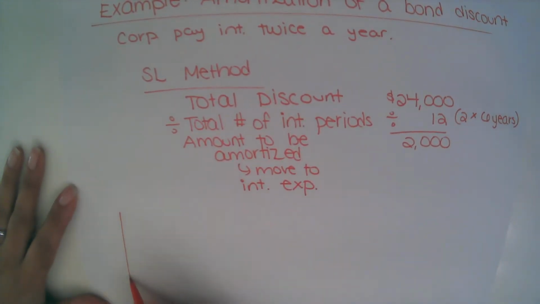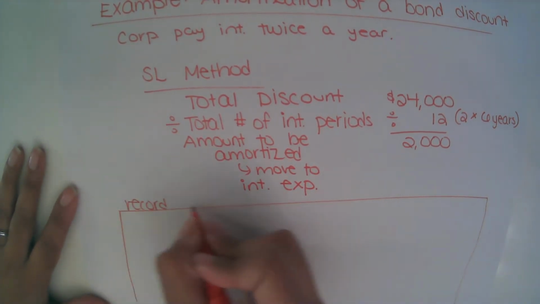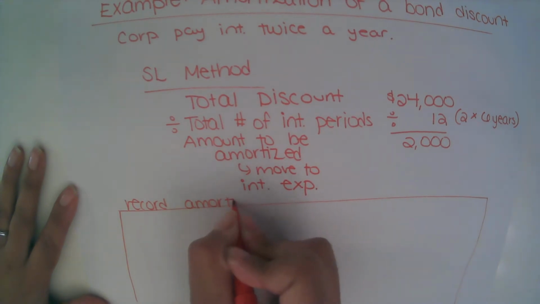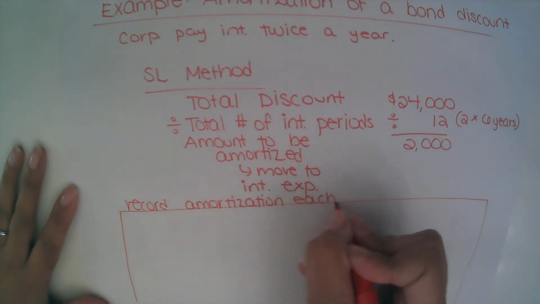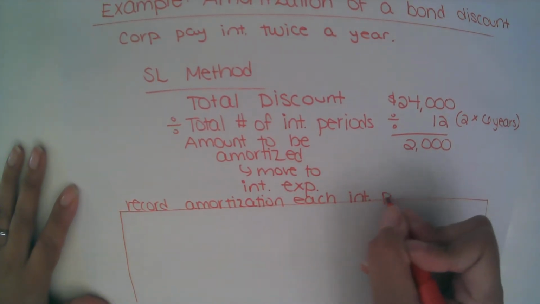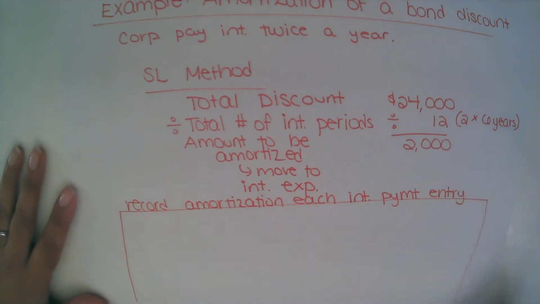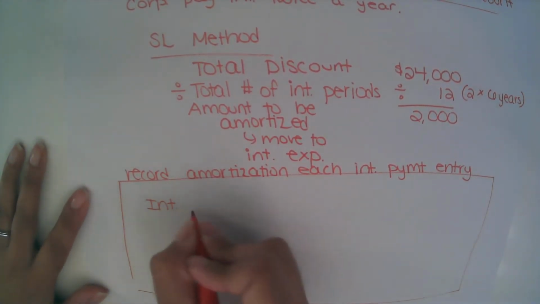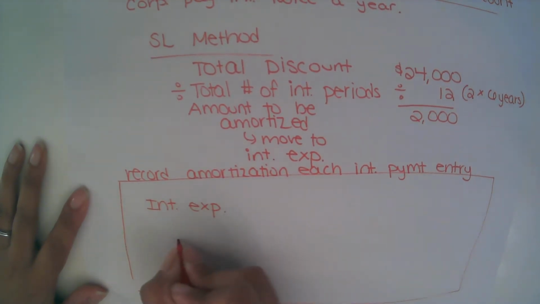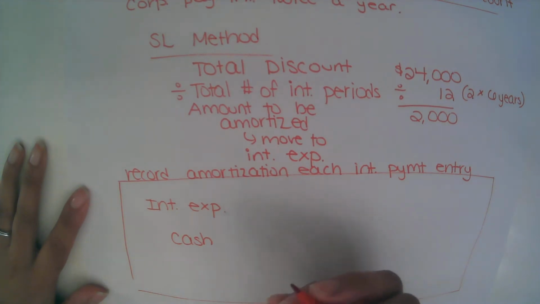So let's look at the journal entry. Since it's getting amortized every interest period, we're going to record amortization in each interest payment entry. So if you remember before, our journal entry was interest expense and cash, or interest payable, depending on if we're paying it or not, right?